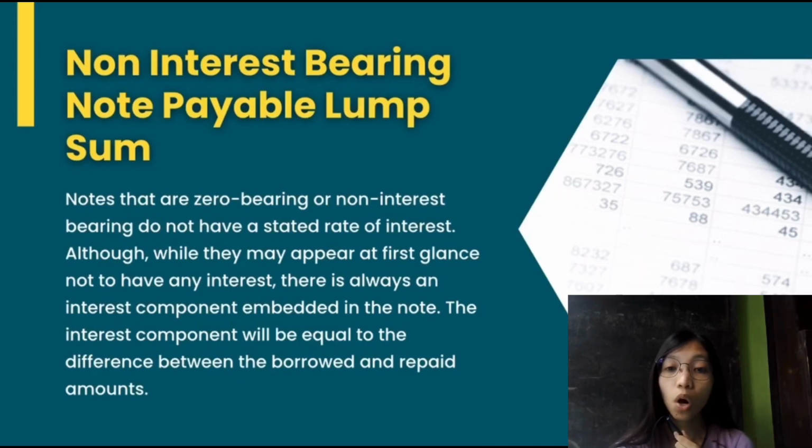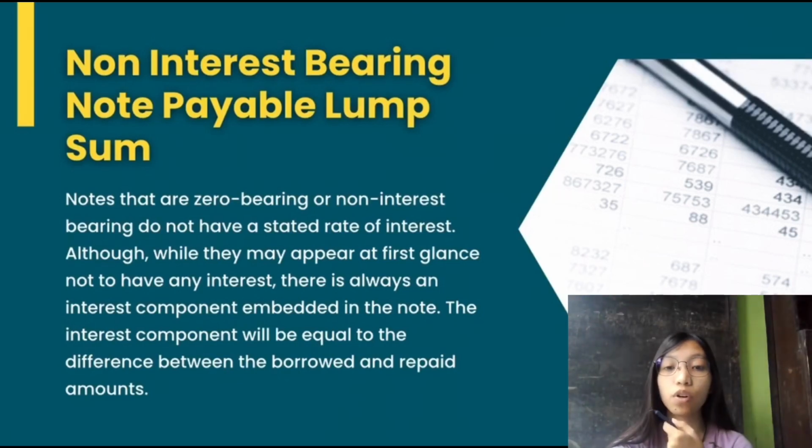Some companies will use zero interest bearing notes as a sales incentive. While they do not state an interest rate, the term zero interest is inaccurate as the notes do include an interest component that is equal to the difference between the cash lent and the higher amount of cash repaid at maturity. So even though the interest rate is not stated, the implied interest rate can be derived because the cash amounts lent and received are both known.